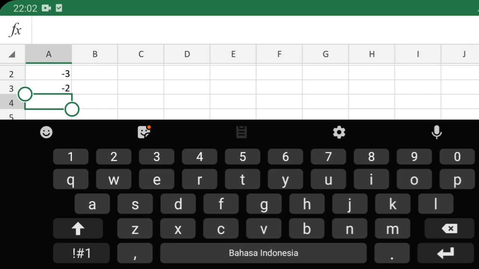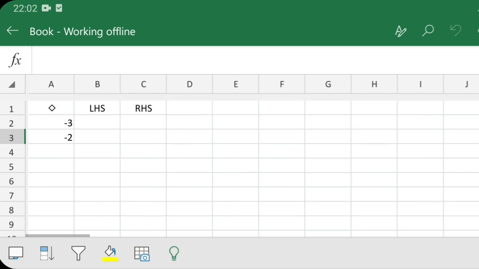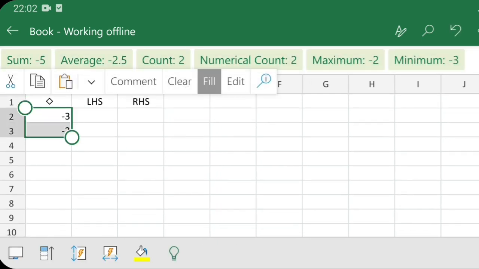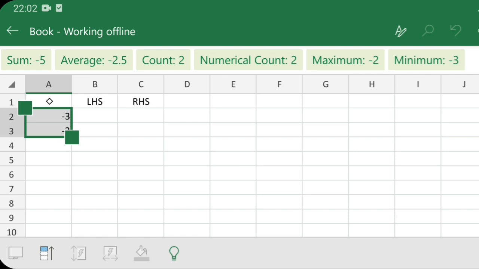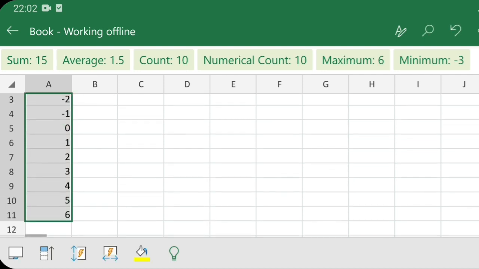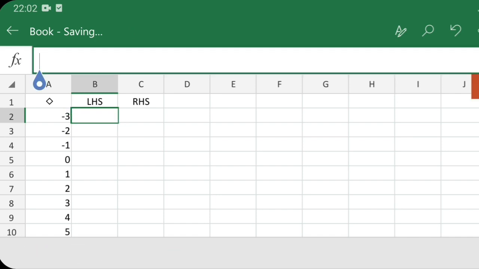Okay, now how to make the sequence fastest. You can drag and then click fill in here and drag until whatever number you want. I end up with 6, and the left hand side is the same way as before.